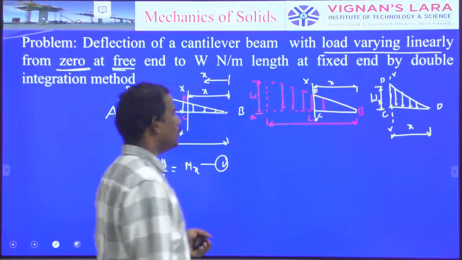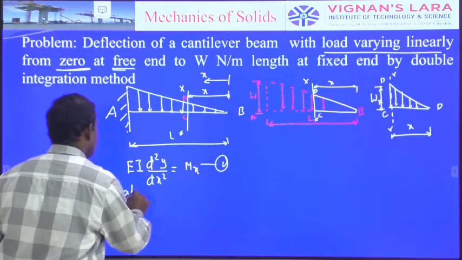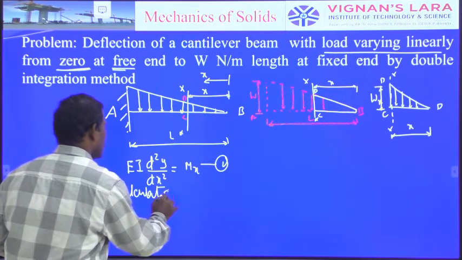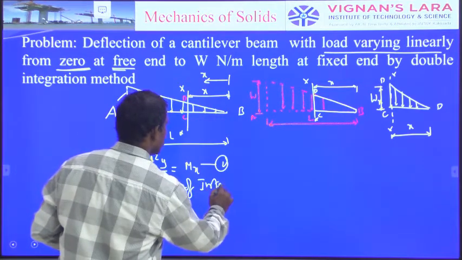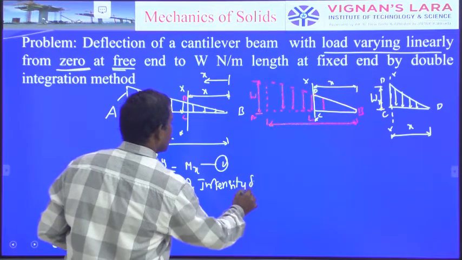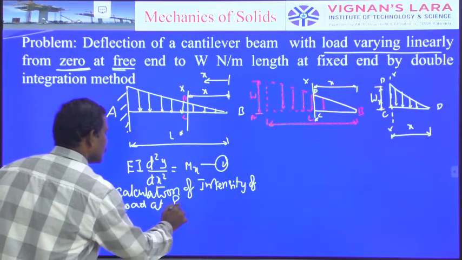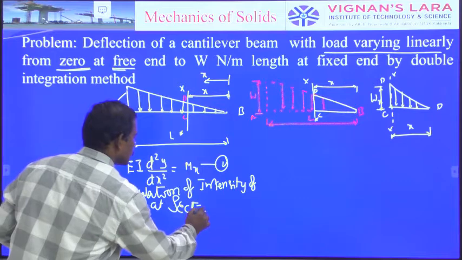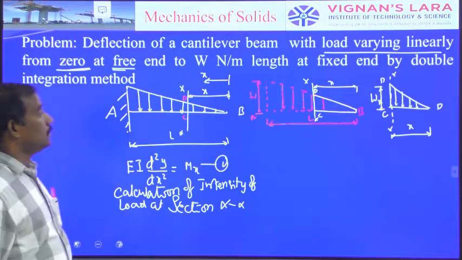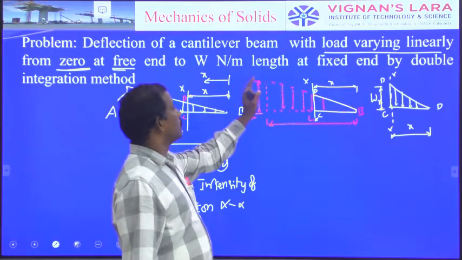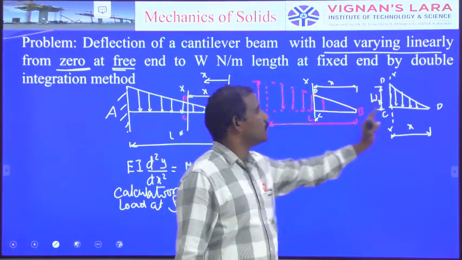It means initially we have to calculate the intensity of load at section XX. That is the important point. If you observe the geometry, this is capital W, this is W suffix x, this is L, this is x.